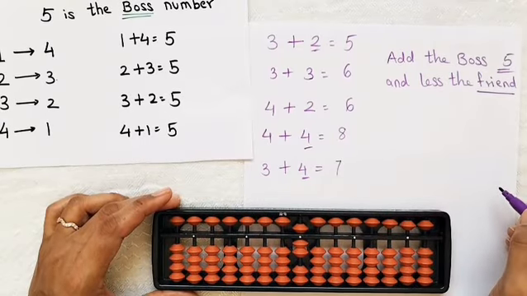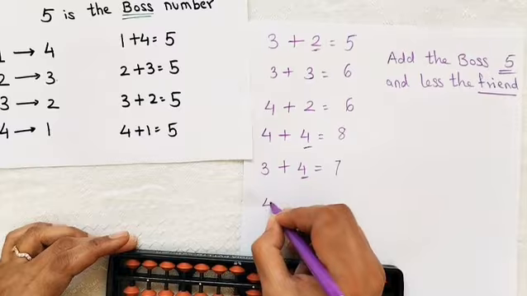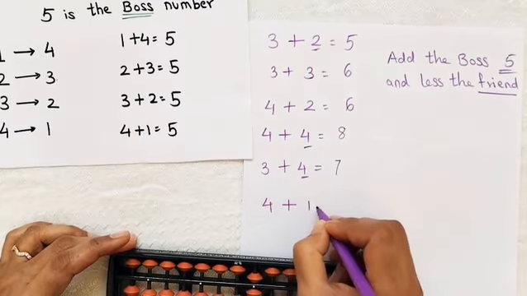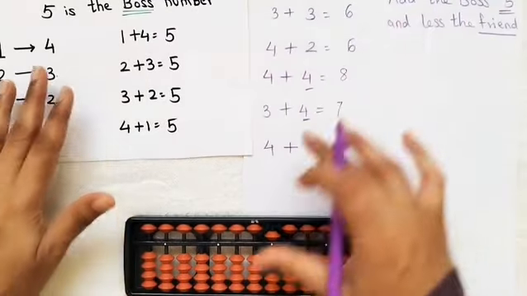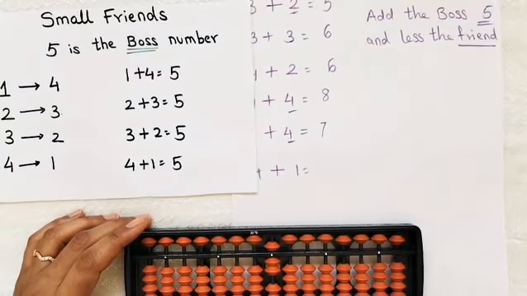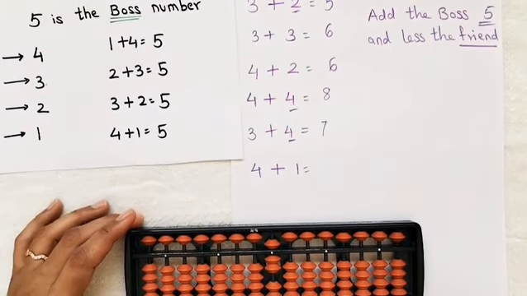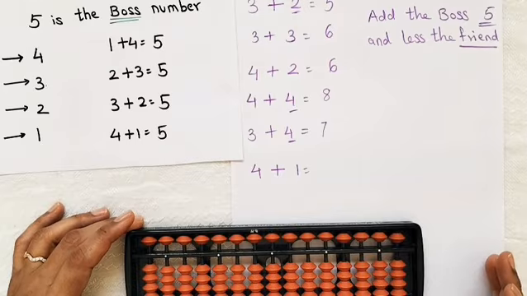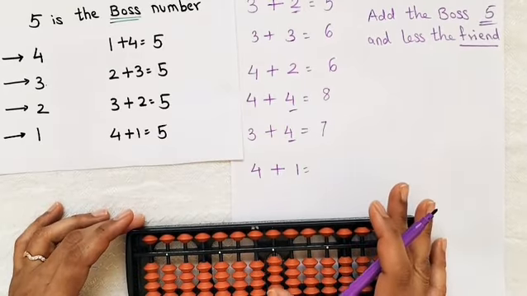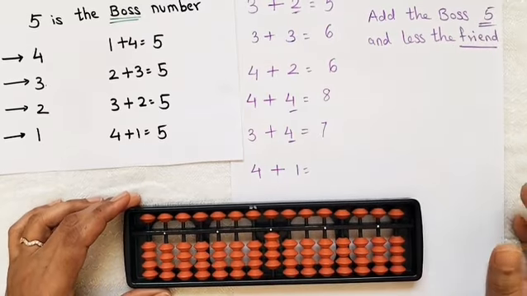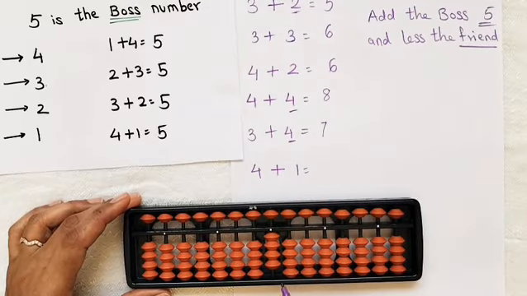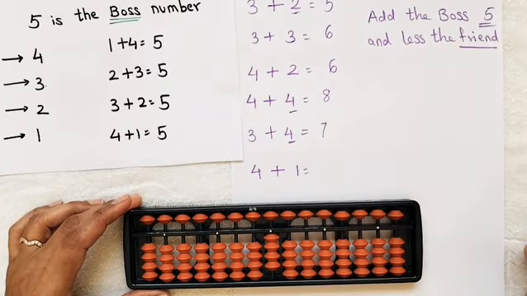Yes? Okay, let's try 4 add 1. Can we do this? The first step, we add 4. Correct? We don't have enough beads now. I need to still add 1.